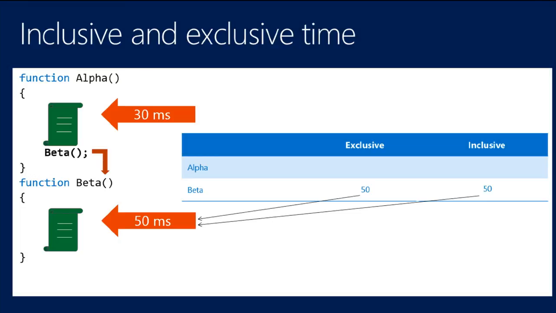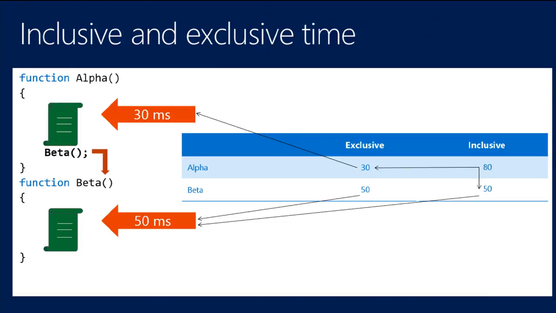So what would be our exclusive time for alpha? So the exclusive time for alpha, remember, exclusive is just the time that's spent in the function itself. 30 milliseconds, that's right. And then inclusive time for alpha would be 80, that's right.